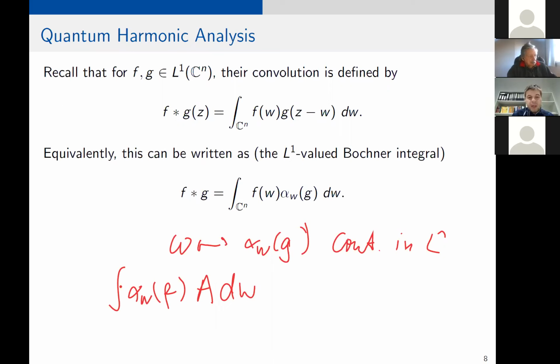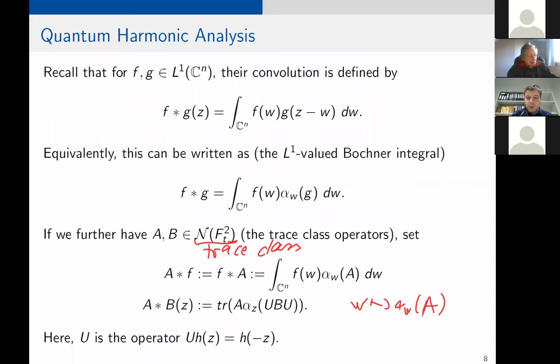But here it's not really clear if this exists as a Bochner integral. You don't have many integrability conditions here. So this is really the way you should do it. Otherwise, you have to worry if the integral exists. Well, that's not really clear. So this is just the better way of setting things up. Okay, thank you.